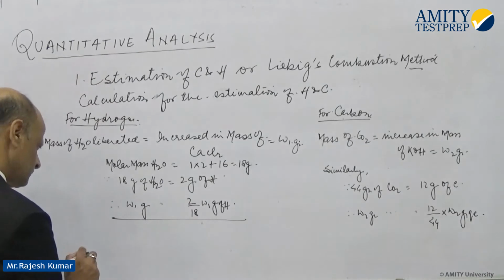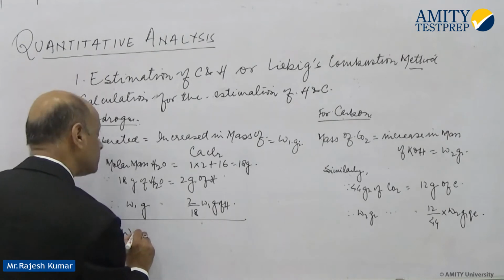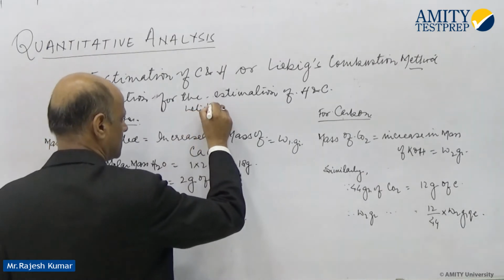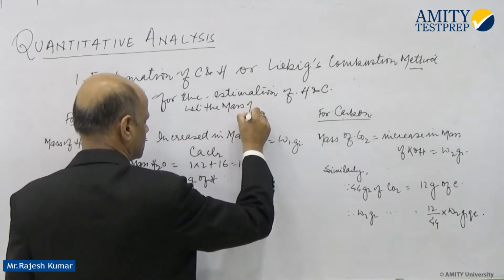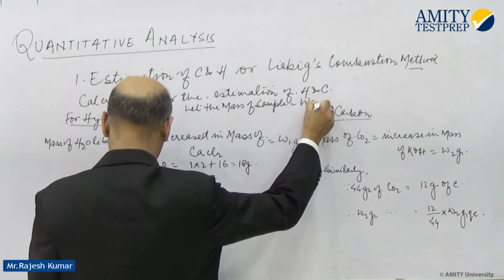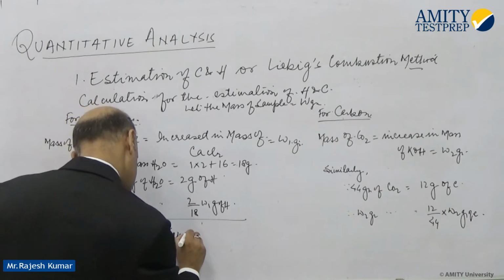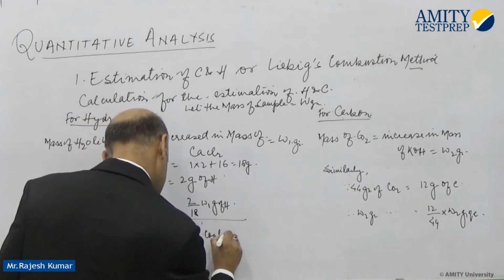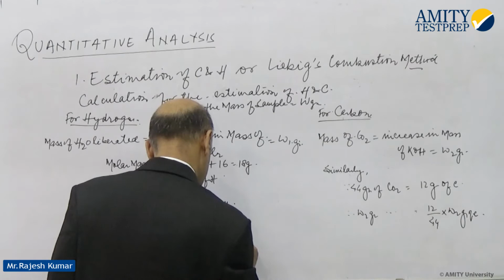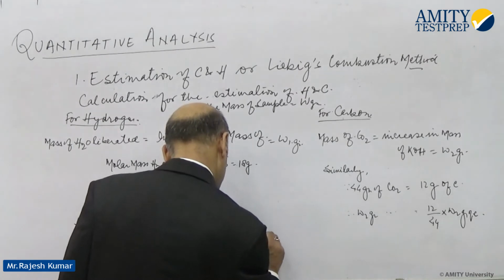Let the mass of the sample be W gram. Therefore, W gram of sample contains 2 by 18 into W1 gram of hydrogen.